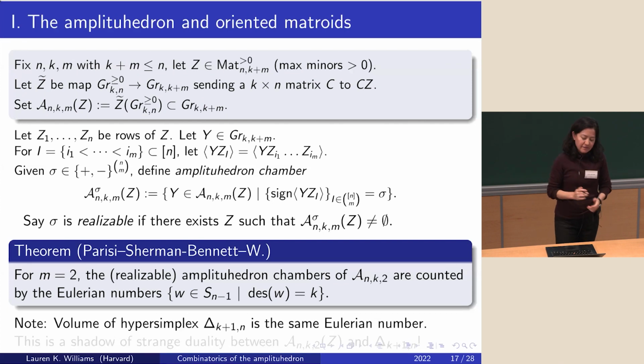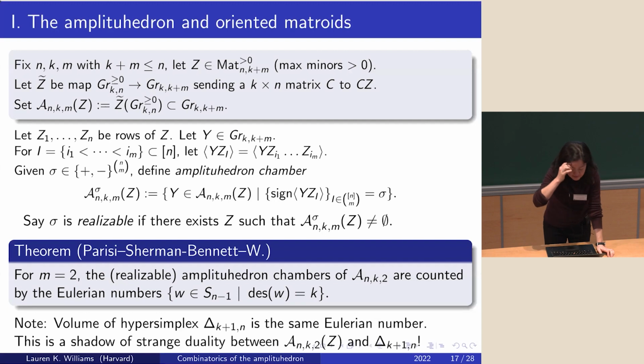The Eulerian numbers have many combinatorial interpretations, but one significant fact is that the volume of the hypersimplex is that same Eulerian number. And this is a shadow of a strange duality between the amplituhedron when m equals 2 and the hypersimplex.